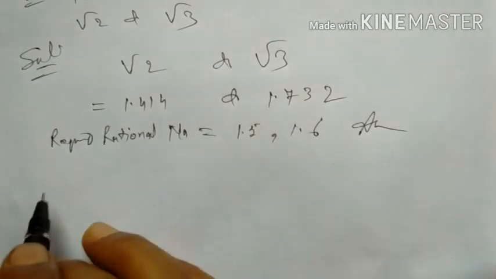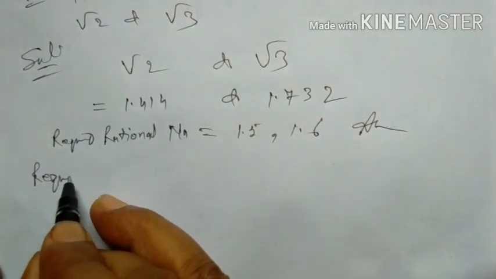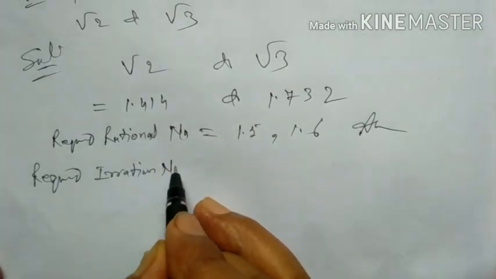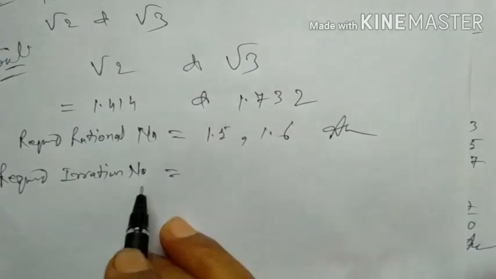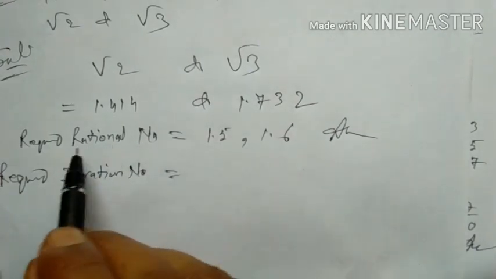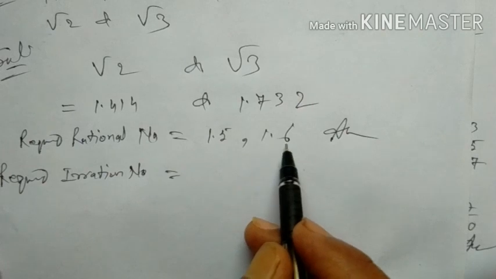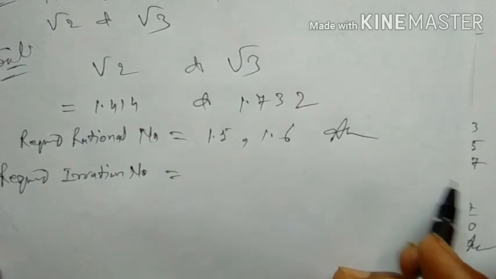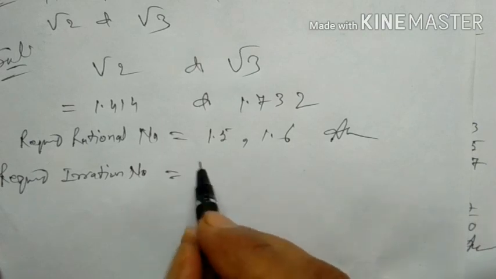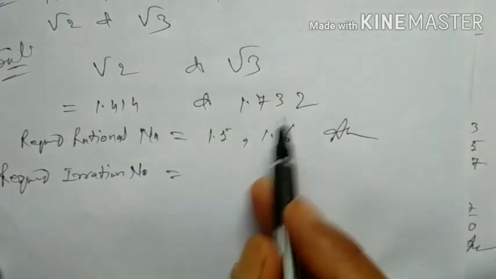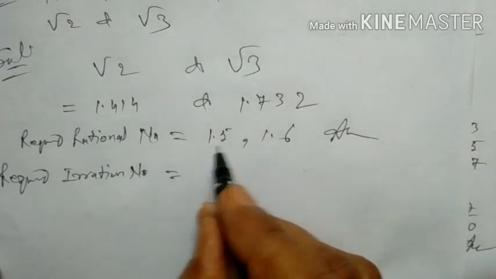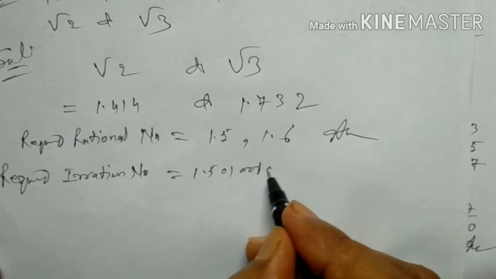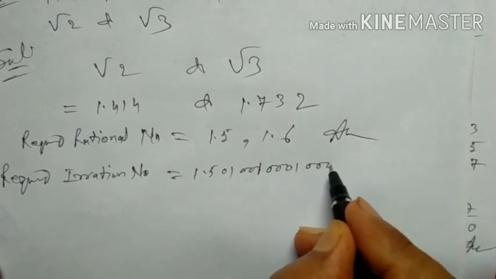And now the required irrational numbers. Here 1.5 and 1.6 are rational numbers, so you can take these numbers to write the irrational numbers. Now we will write 1.5, 01, 001, 0001, 401, and so on.